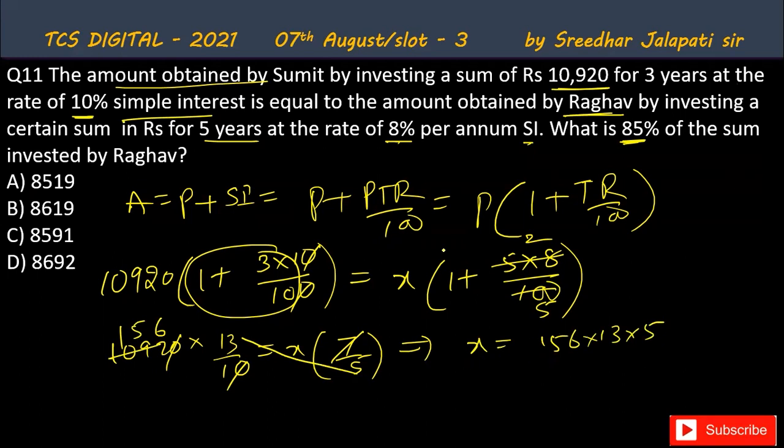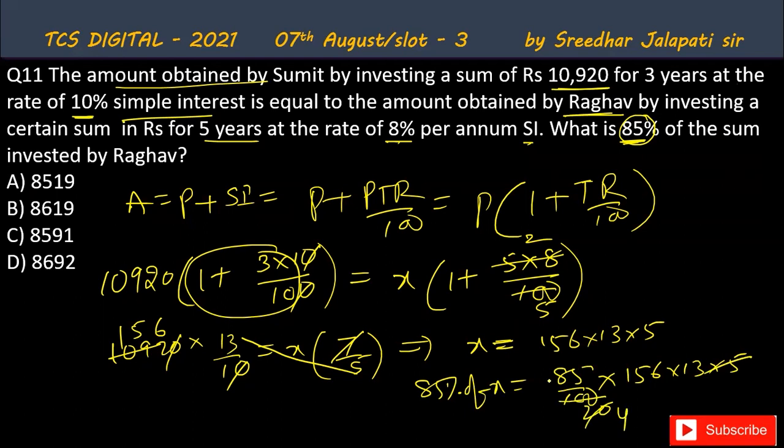But you are asked to find 85% of Raghav's investment. X is his full investment. Now 85% of X, that is 85 by 100 into X is 156 into 13 into 5. So if I simplify this further, 5 ones, 5 20s, again 5 fours, 5 17s, and 4 ones, 4 threes, 12, 4 nines.